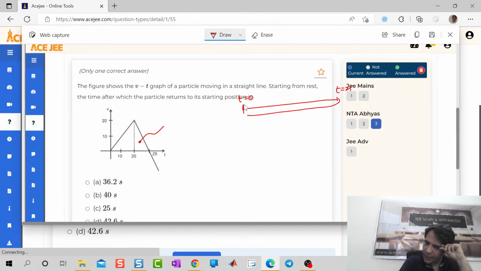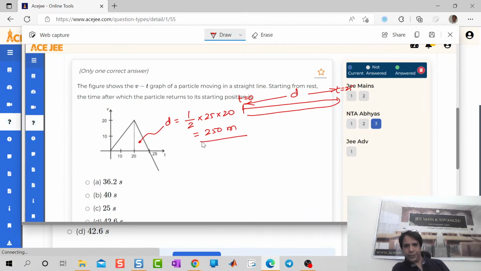So how much is this distance? 250. I'm assuming that the velocity is in meters per second here.